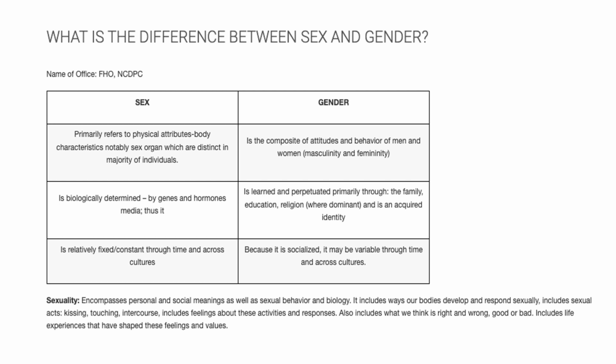Sex is biologically determined by genes and hormones, while gender is learned and perpetuated primarily through the family, education, religion, and is an acquired identity.